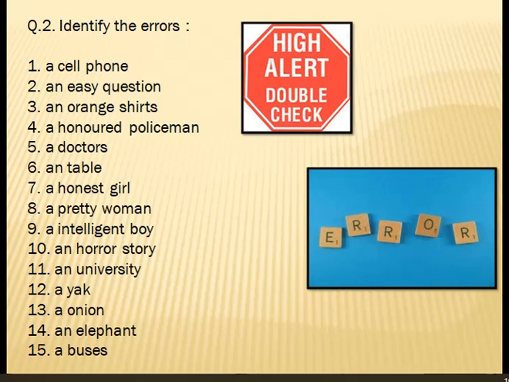So while doing these two exercises, remember and focus on the correct sound of the word, of the noun, which it makes, whether it is a vowel sound or a consonant sound, whether it is a singular noun or a plural noun, whether it is a countable noun, and please do use a and an correctly.